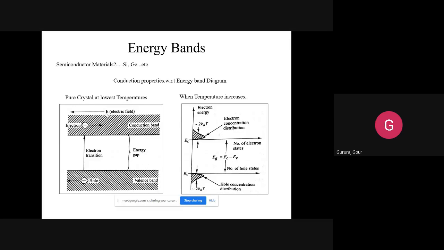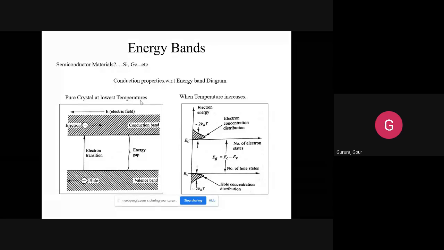If you look at the left-hand figure, it indicates the pure crystal at the lowest temperatures. We are talking about the ideal state.